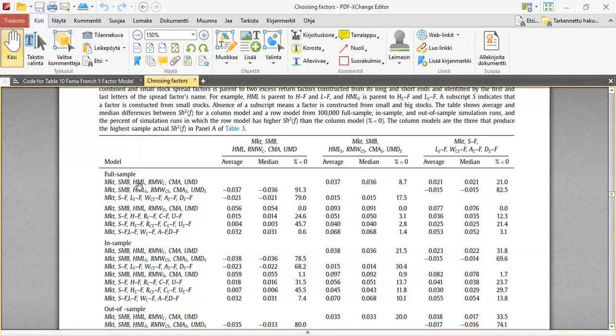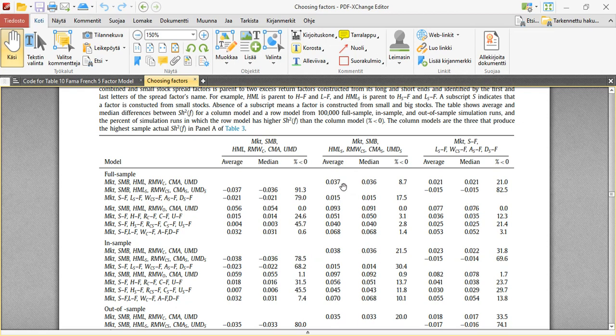So in the first row, we test the 6-factor model using cash profitability against the respective 6-factor model, but based upon small stock spread risk factors.